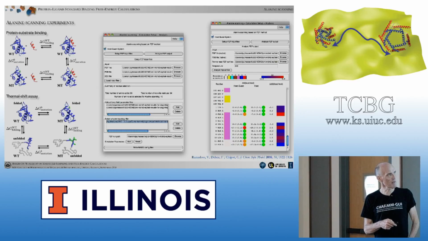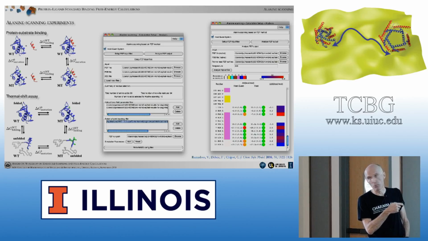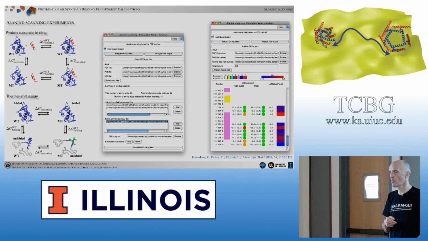We give here the free energy for the host-guest and for the host. In this case, we're mutating proteins, so it's the host that we're mutating. So you have the two. And we put a little traffic light. The traffic light is green if we think that the calculation is properly converged.